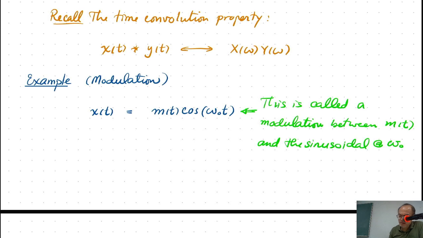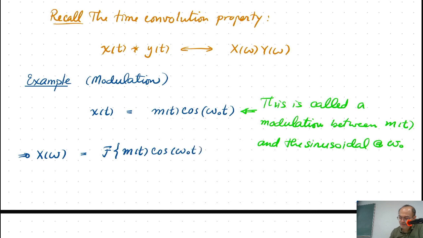To answer that, we need to take the Fourier transform of this equation on both sides. The left-hand side would be the spectrum of x, and the right-hand side would be the Fourier transform of m(t), an arbitrary time signal, multiplied by cosine of omega 0 t.